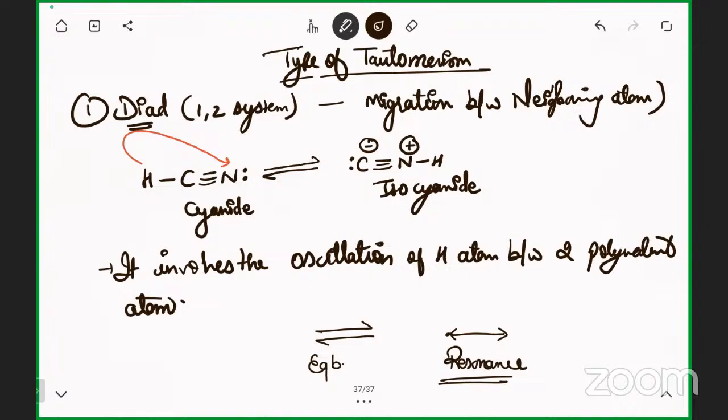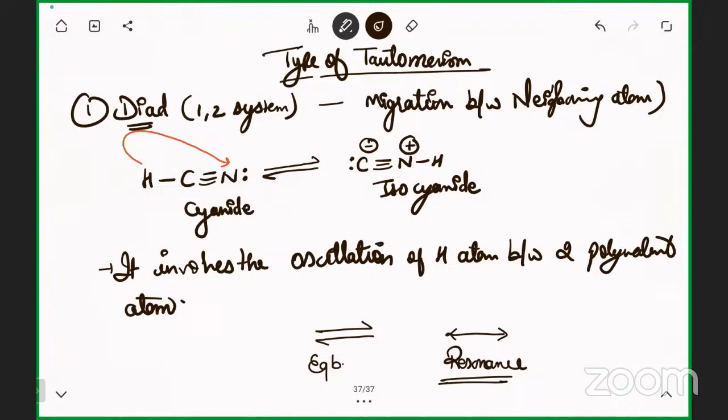See, what I want to say, the first basic difference is that those forms are not interconvertible. And second, there was no migration of atoms. The position of atoms was fixed in resonance. Only the bonds were rotating. But in this condition, you can see the hydrogen has migrated from one atom to another atom.